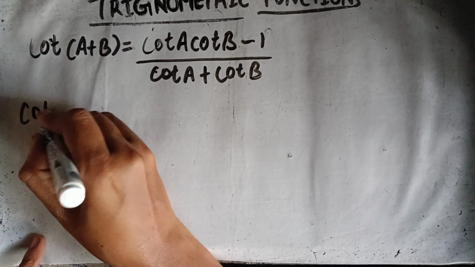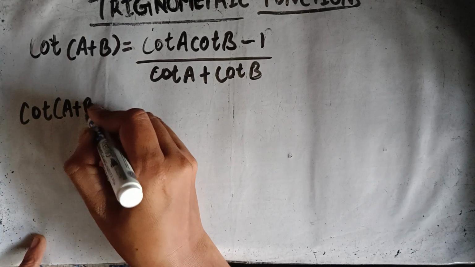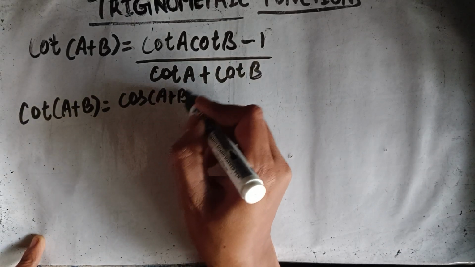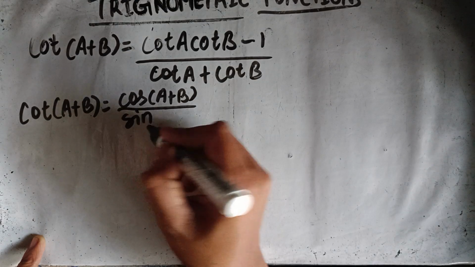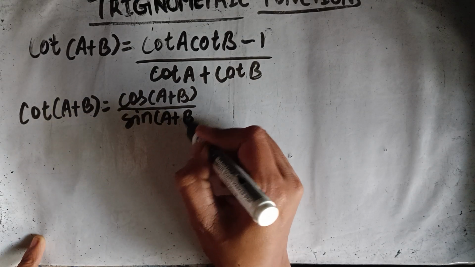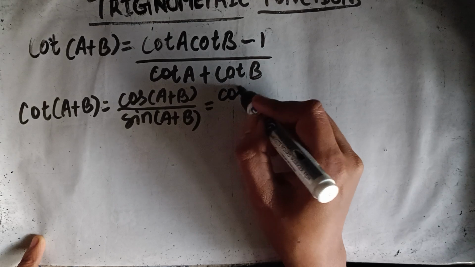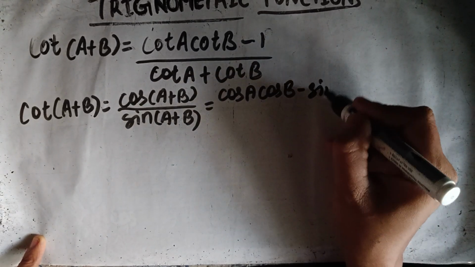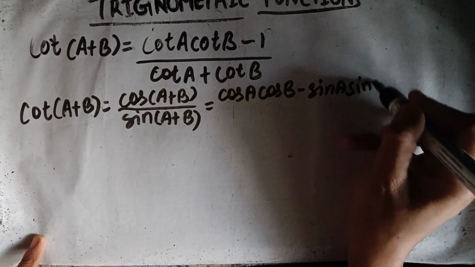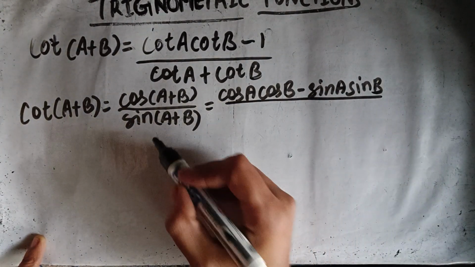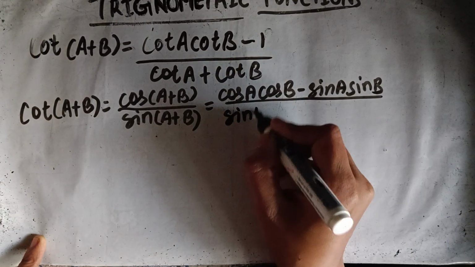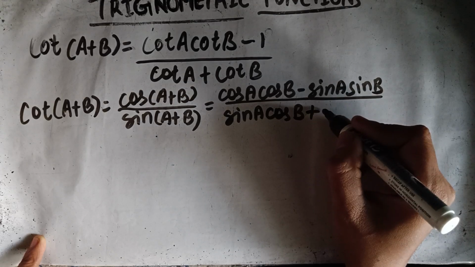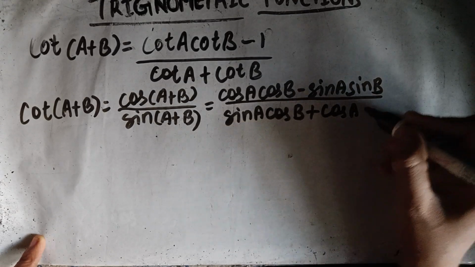So you have to write cot(A+B) as cos(A+B) upon sin(A+B). cos(A+B) is cos A cos B − sin A sin B. sin(A+B) is sin A cos B + cos A sin B.